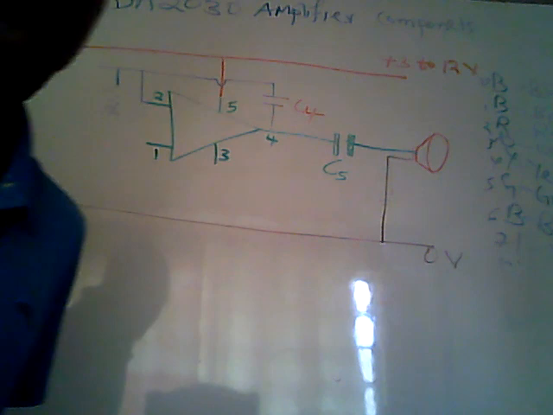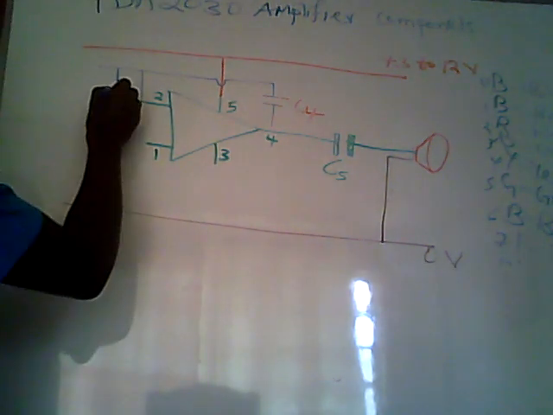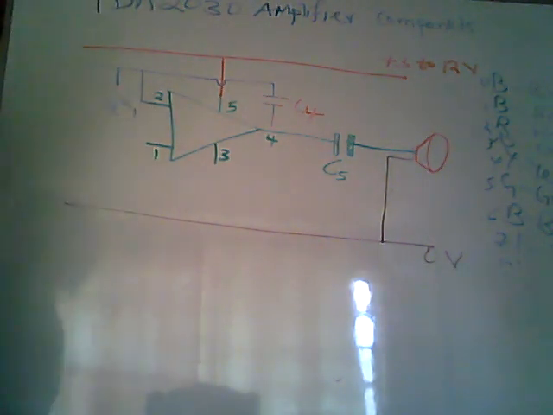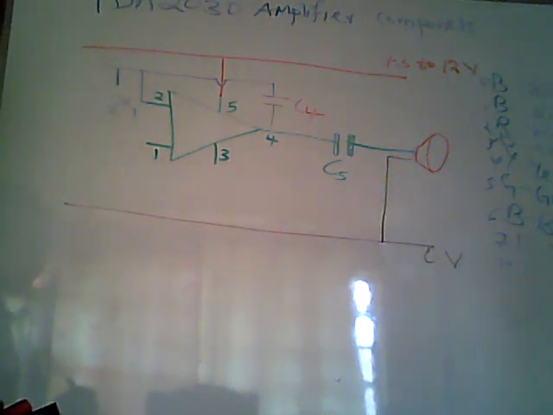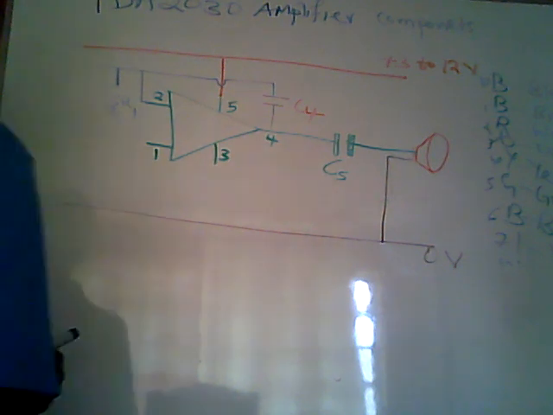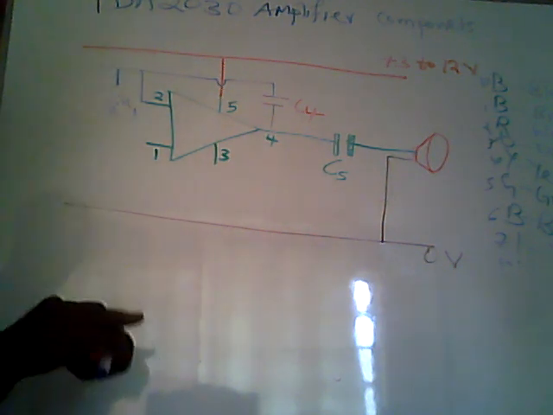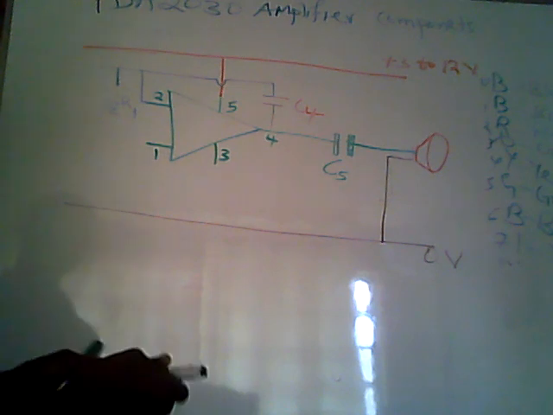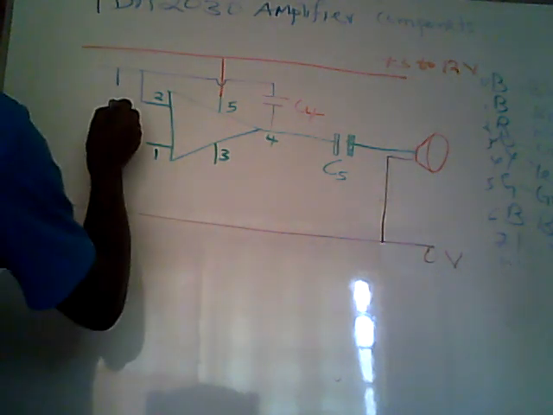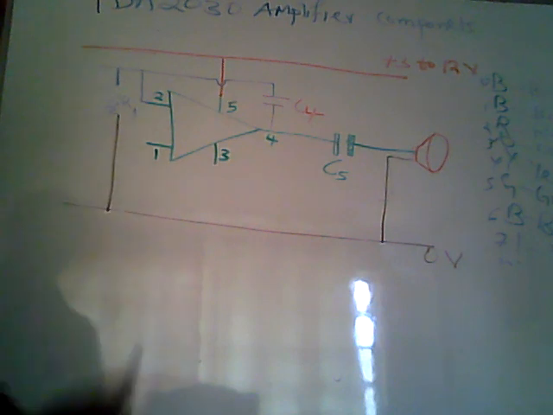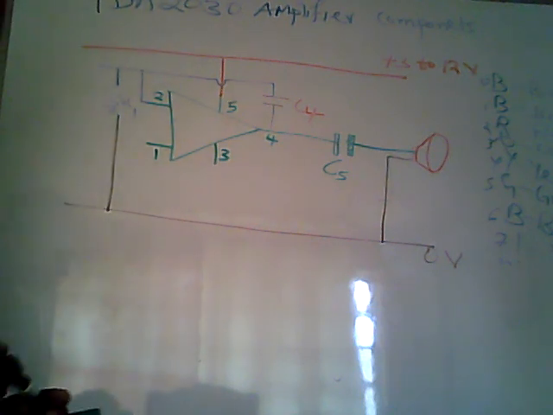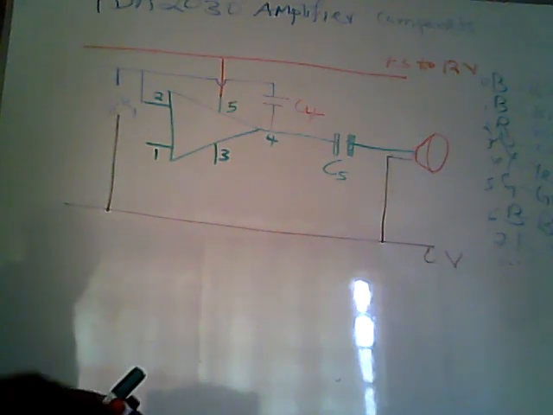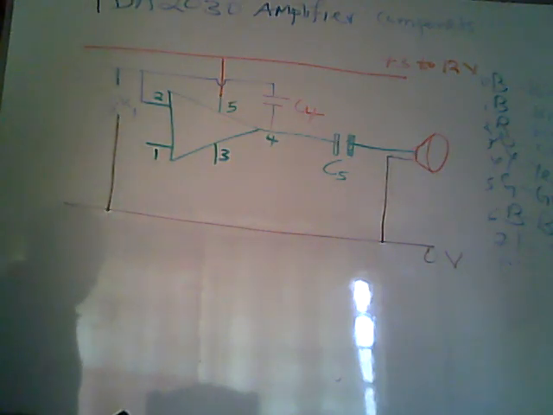We say that is resistor 1, the first resistor. We put it there, and this resistor is connected to ground.